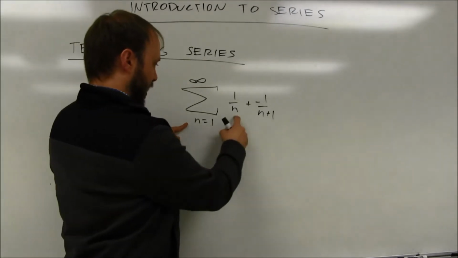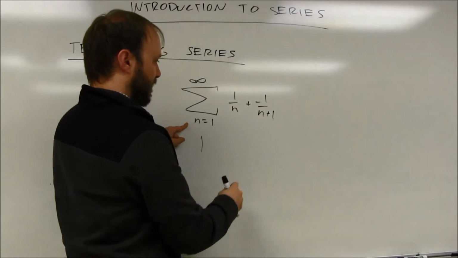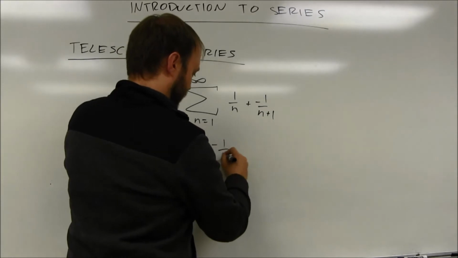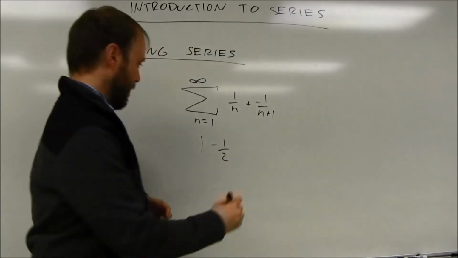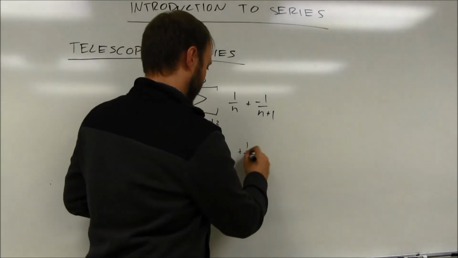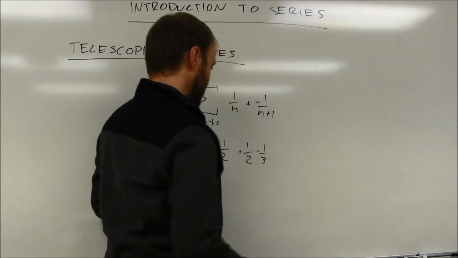So if I substitute in 1 here, I'm going to get 1 over 1, which is 1. If I sub in 1 here, I'm going to get -1/2, okay? N becomes 2. I substitute 2 in, I get positive a half, okay. I sub in 2 here, I get -1/3, okay?